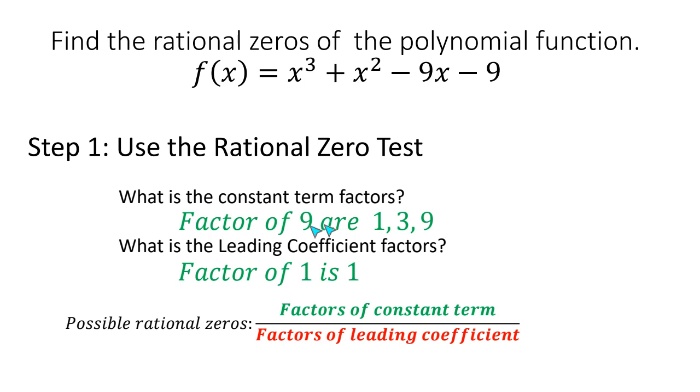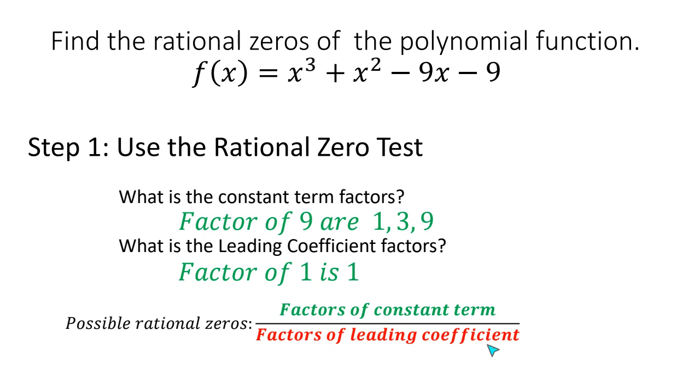So I'm going to find the factors of 9, which are 1, 3, and 9. So the factors are just the numbers that you can multiply together to give you that number. So 1 times 9 would be 9, and 3 times 3 would be 9. The factor of my leading coefficient is 1. So the factor for that is just 1 times 1.